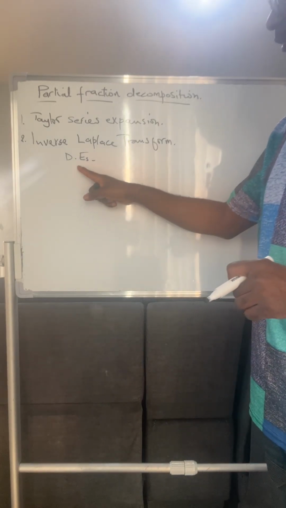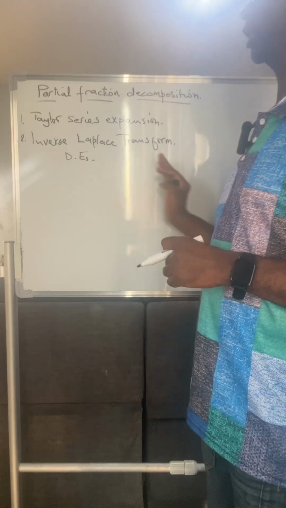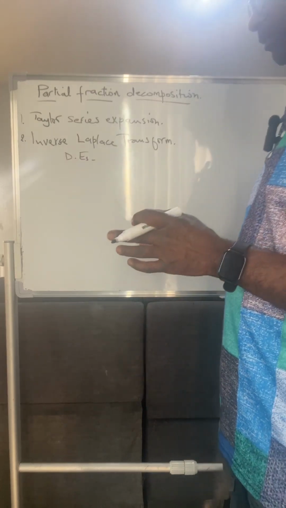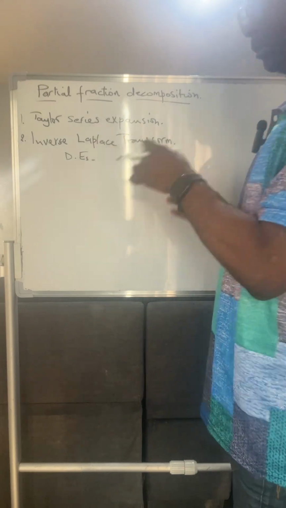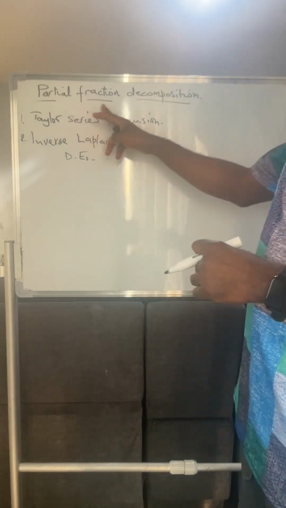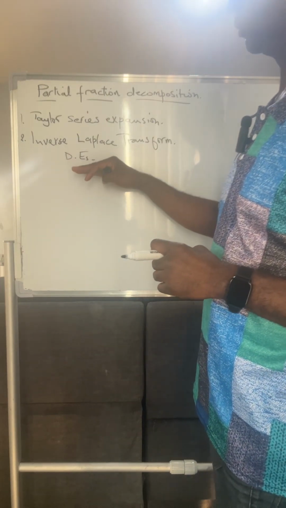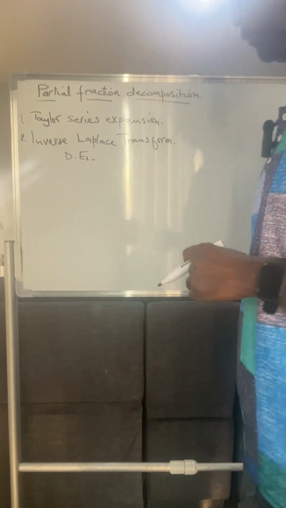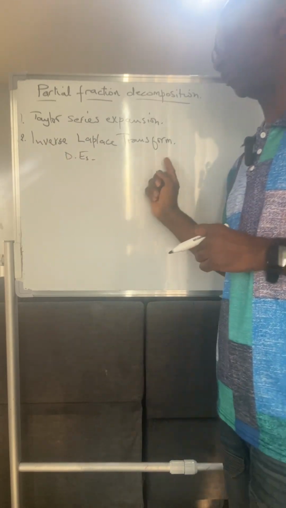These differential equations can be transformed into algebra after some algebraic manipulations. Then you can use partial fractions to convert this algebraic function back into an integral function. Then you can easily get your answer. This is where inverse Laplace transform is used.